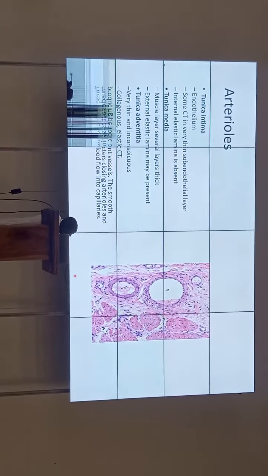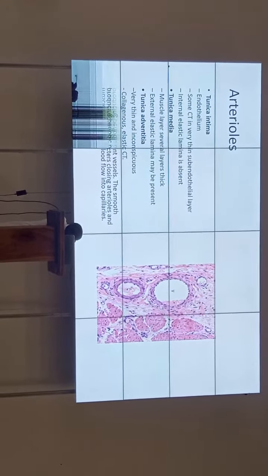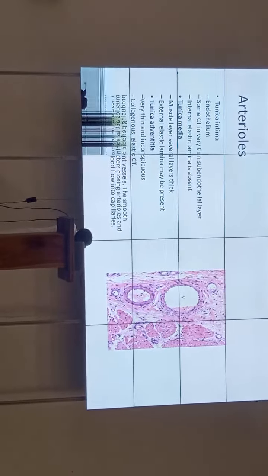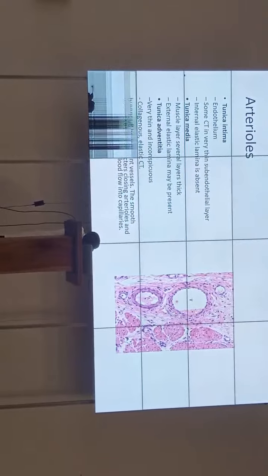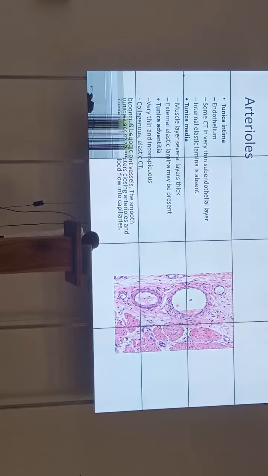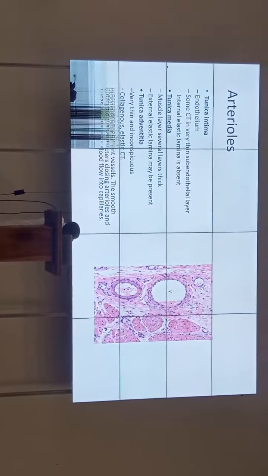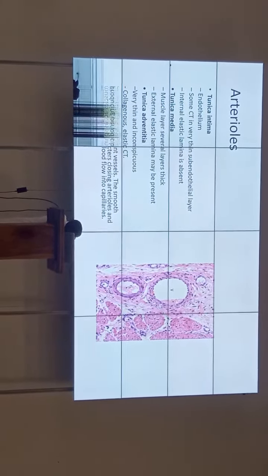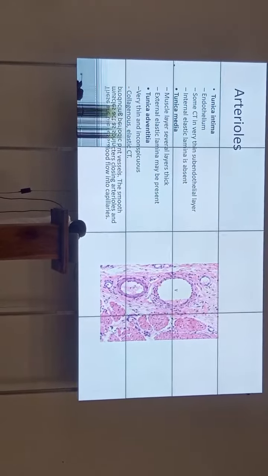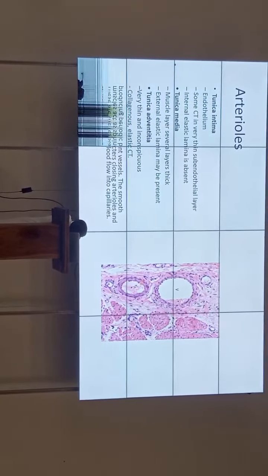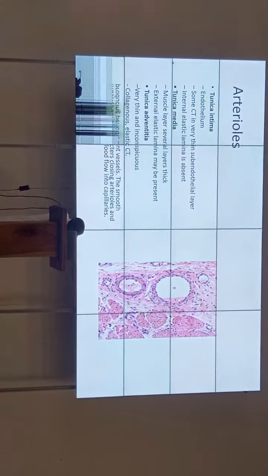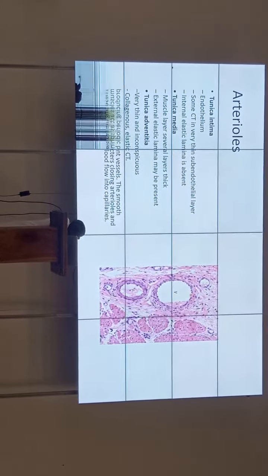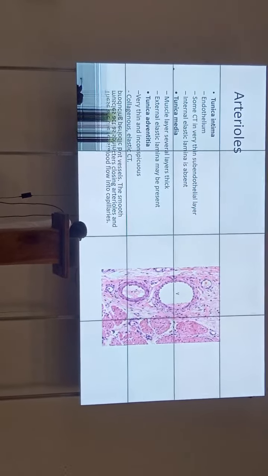Here I have a nice arteriole. Okay? Then I have a nice venule there. I want you to look at the thickness of their walls. Can you see that there's a difference? This one, the wall is thin. This one, the wall is thick. So this is an arteriole, that is a venule.